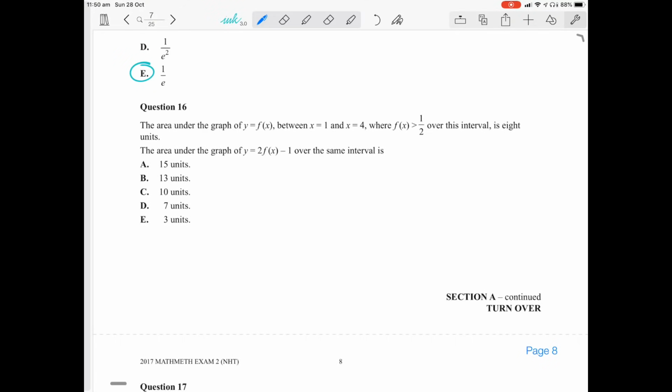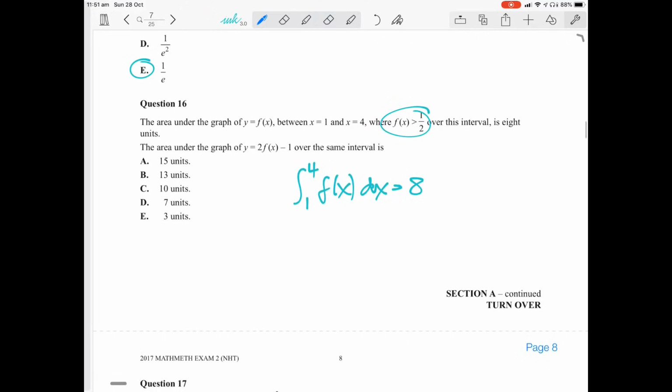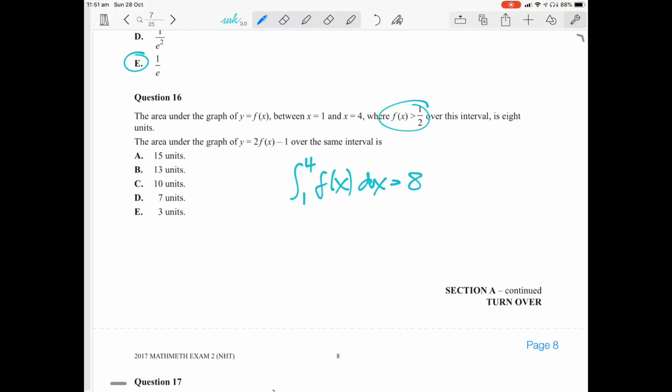Okay, the area under the curve of f of x between 1 and 4, where f of x is greater than a half, is 8 units. So the integral from 1 to 4 of f of x dx is equal to 8. The area under 2 f of x minus 1, so the integral from 1 to 4 of 2 f of x minus 1 dx.